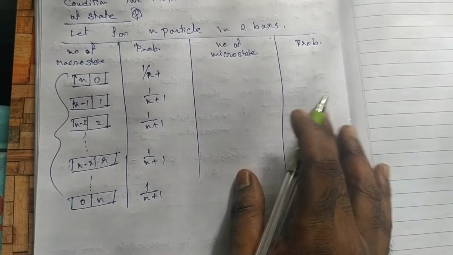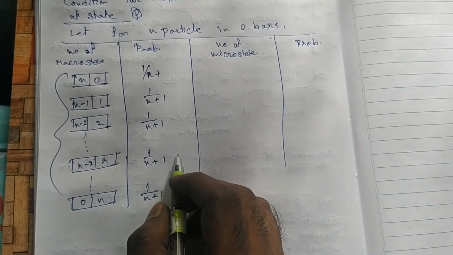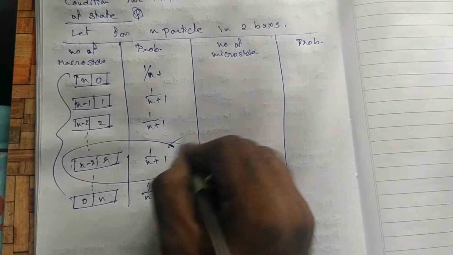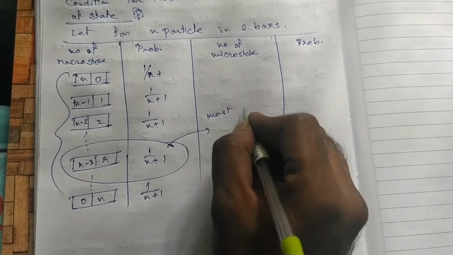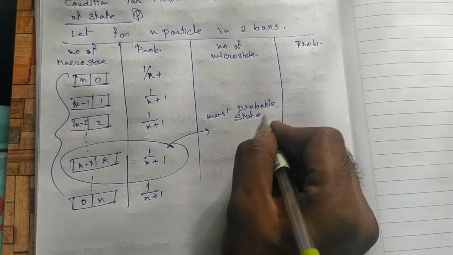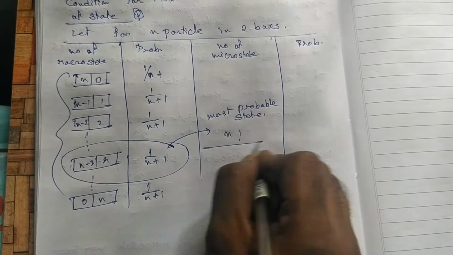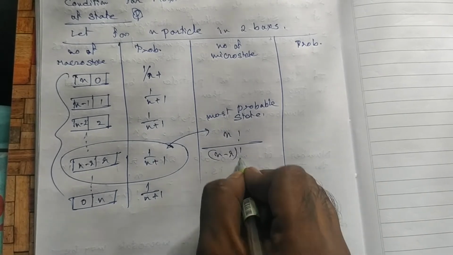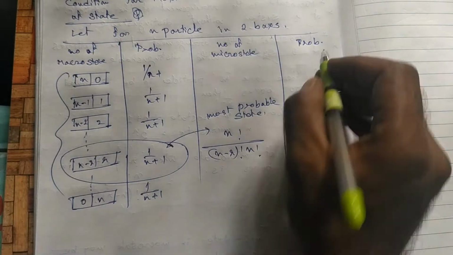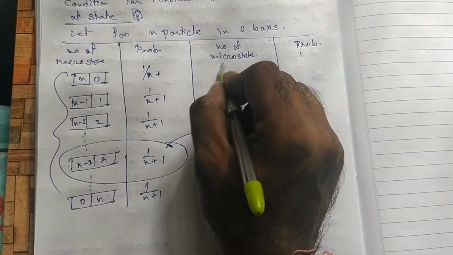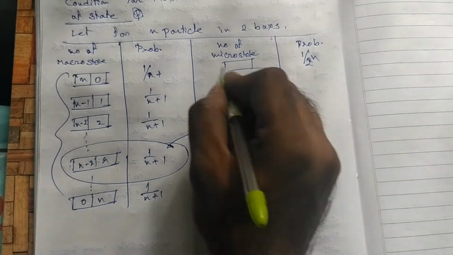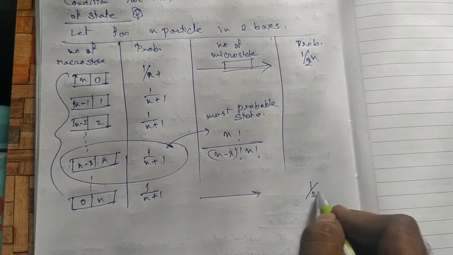In the case of the microstate, we choose the most probable state. The number of microstates of the most probable state is n factorial by (n minus r) whole factorial times r factorial. So what is the probability for the first state? It must be 1 by 2 to the power n, and the last state must also be 1 by 2 to the power n.